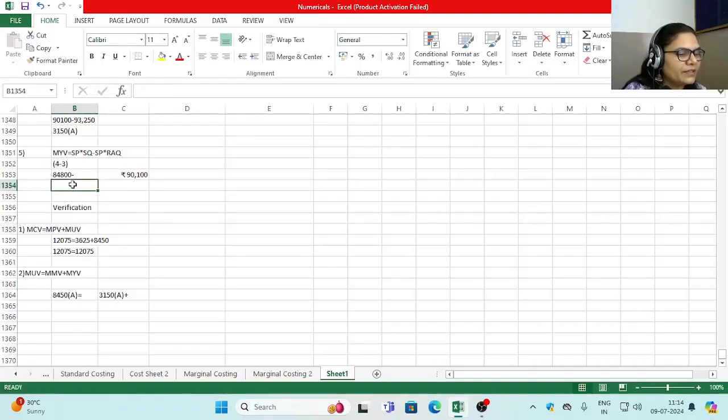Material yield variance, actually I forgot to mention this value, which is adverse again, no problem.